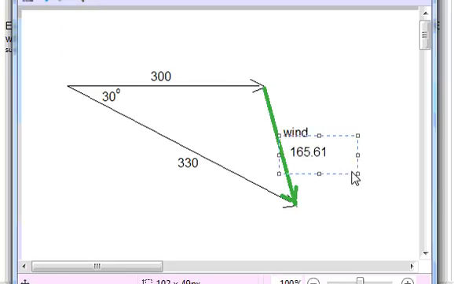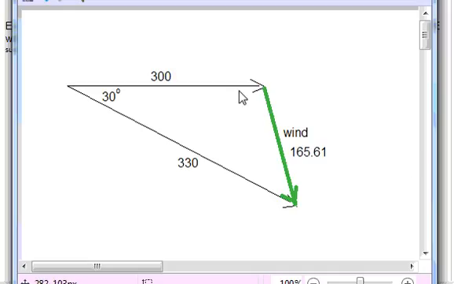Now the question is, what is the direction of the wind? Now we've got a little bit of a problem. If we could find this angle and subtract 90 degrees, it would be south, whatever little smidgen is left, degrees east. The wind would be 165.61 miles per hour south, smidgen east.